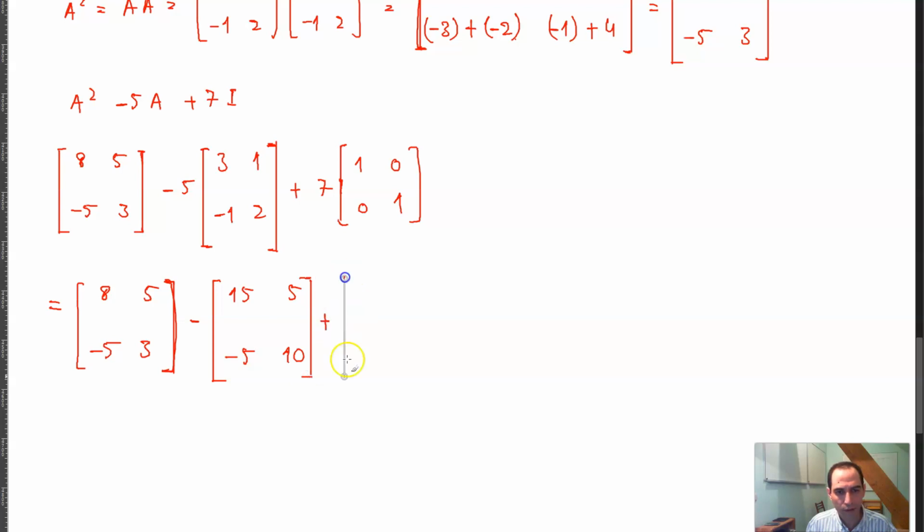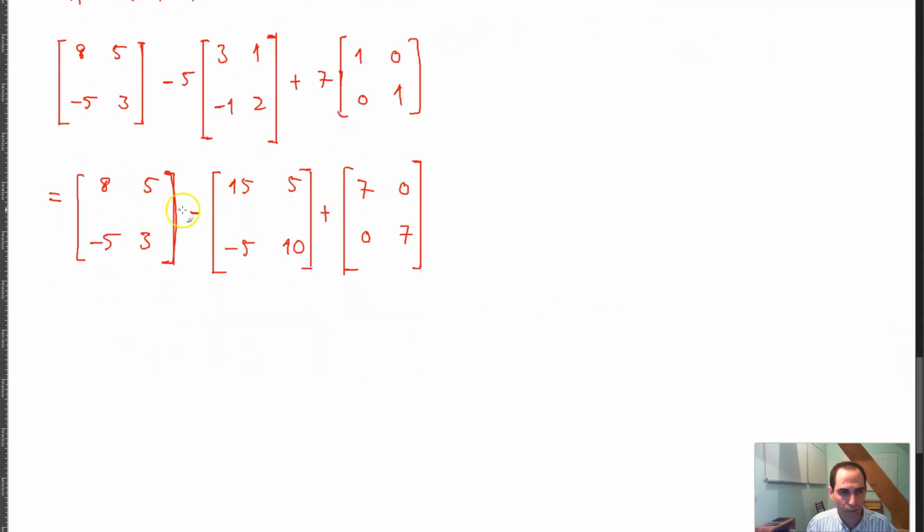And then plus 7 0 0 7. And then we can basically subtract first, meaning that 8 minus 15 is equal to negative 7. 5 minus 5 is equal to 0, negative 5 plus 5 is equal to 0, and 3 minus 10 is equal to negative 7.